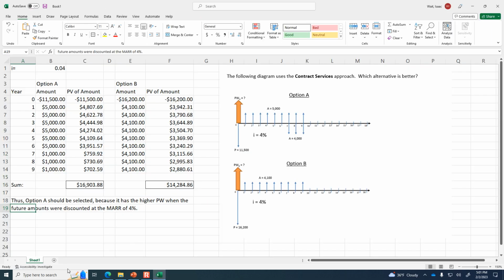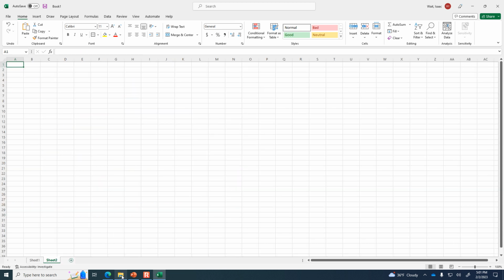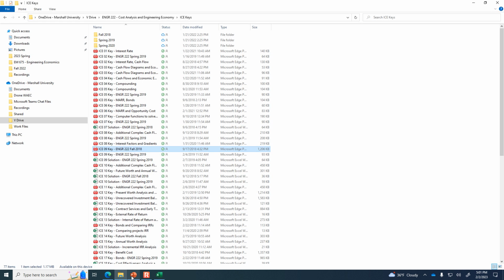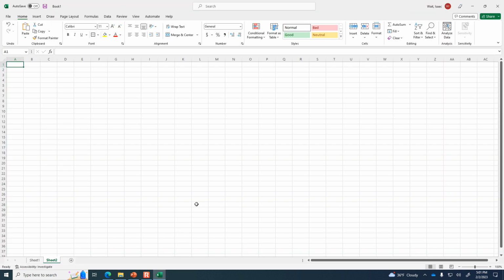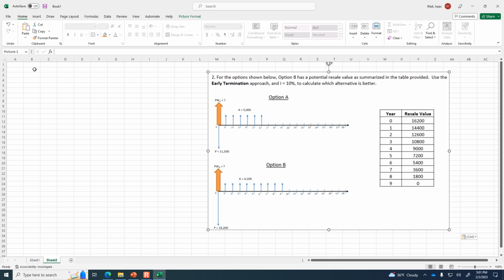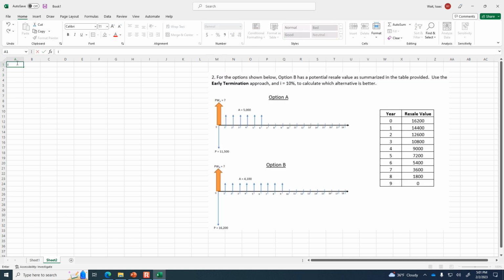Let me start a new tab down here at the bottom using the New Sheet button. And then what we're working with is this one. I'll paste it. We again have our interest rate defined at the top. It's this time 10%, so 0.1.